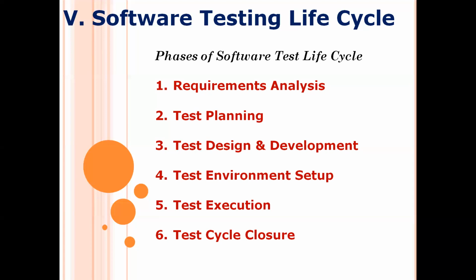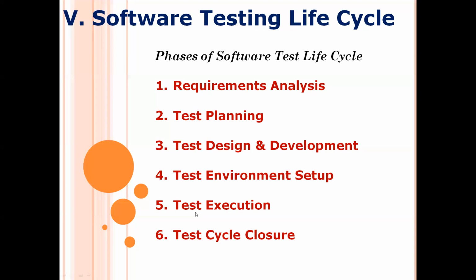Exit criteria of this phase: test environment should be ready and smoke testing should be performed successfully. Activities: set up test environment and test data, verify test environment by conducting smoke tests. Deliverables: test environment ready with test data setup, smoke test results.